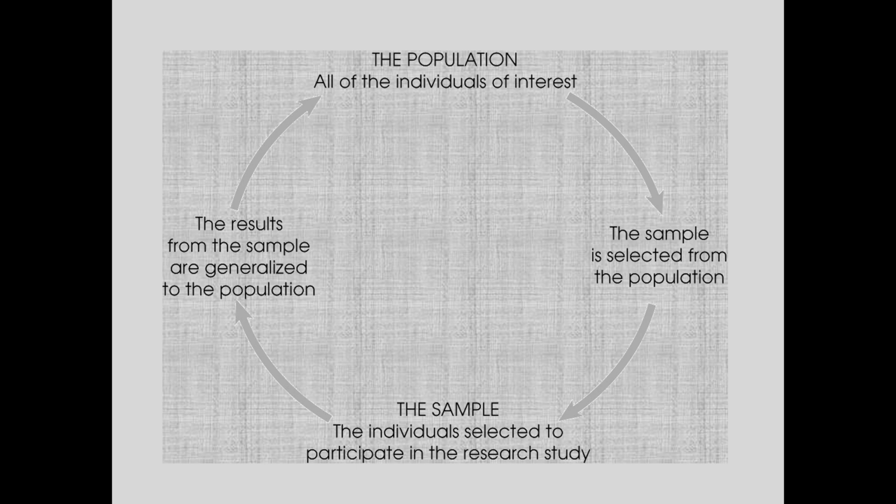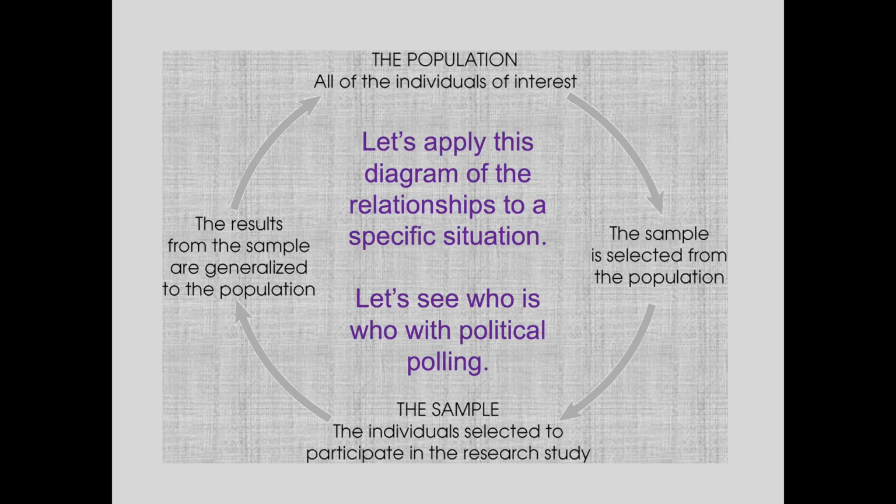Okay, now there can be lots of places for breakdown here, and we'll talk about that a little bit later on. Let's apply this diagram to the relationships of a specific situation. Let's see who is who with political polling. Now the population, who do you think they would be? All the people who are eligible to vote in the country. The sample, that would be the ones that they actually ask who you would vote for.